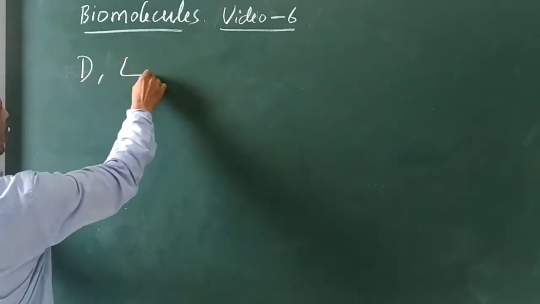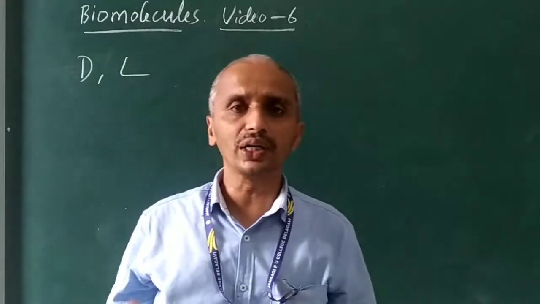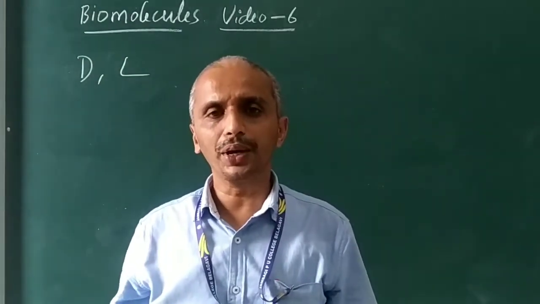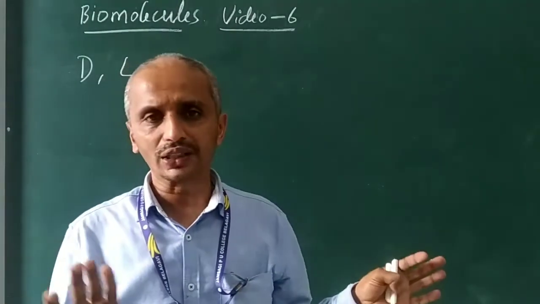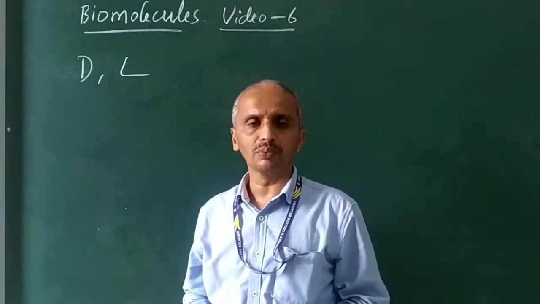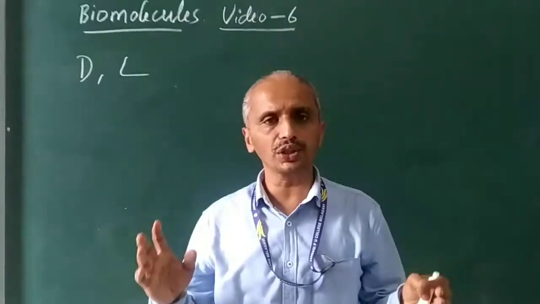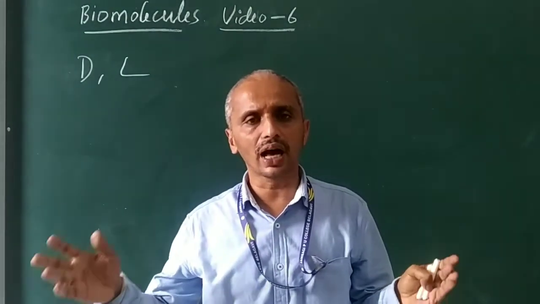D and L configuration, like alpha-D-glucose, beta-D-glucose. What is alpha and beta? I already mentioned, anomeric forms are written there. In the first carbon, if the OH is on the right side, then alpha.